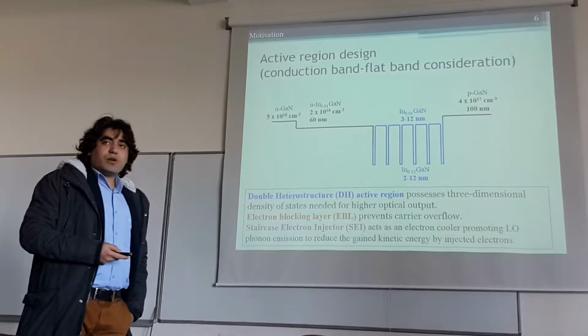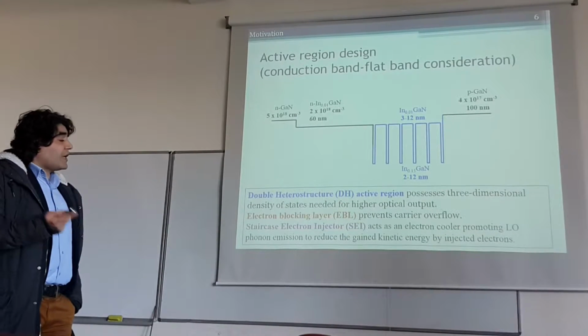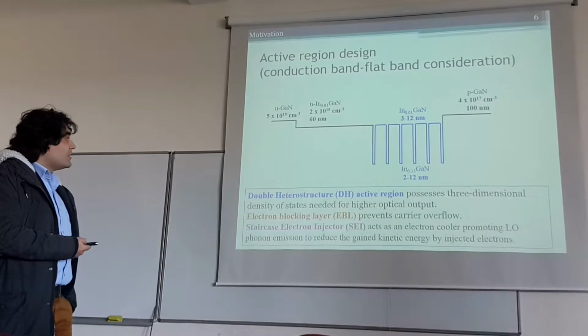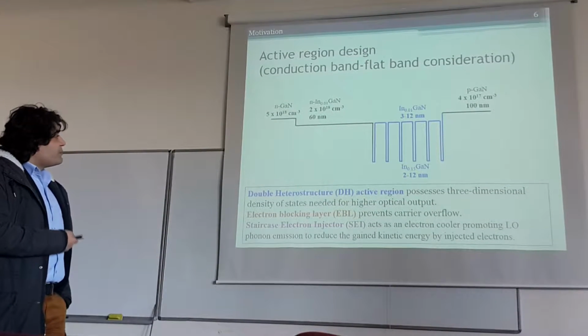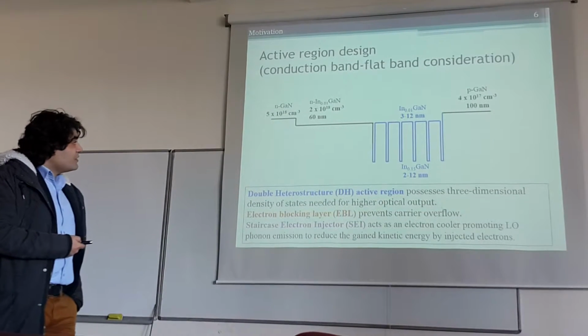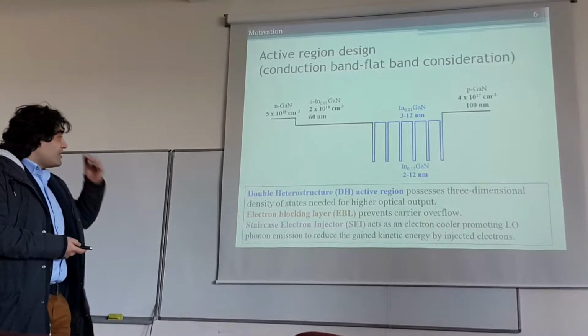As I told you, our goal was to mitigate this efficiency loss problem, and we had several solutions for those. This is a very simplistic active region for an LED. This is a flat band constellation, as I told you earlier.